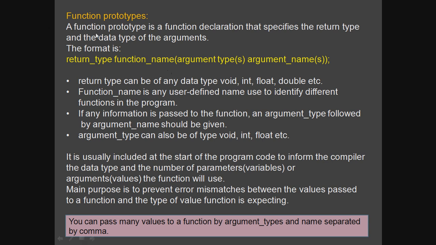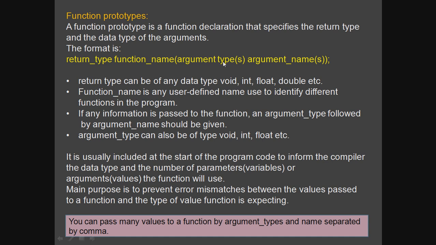Similarly, the function prototype tells the compiler that it is declaring a function with the function name and this return type. The return type can be of any data type, that is void, integer, float, double, etc. Here the function name is a user defined function name. So it is telling the compiler the name of the function, then the return type, and then the argument type.